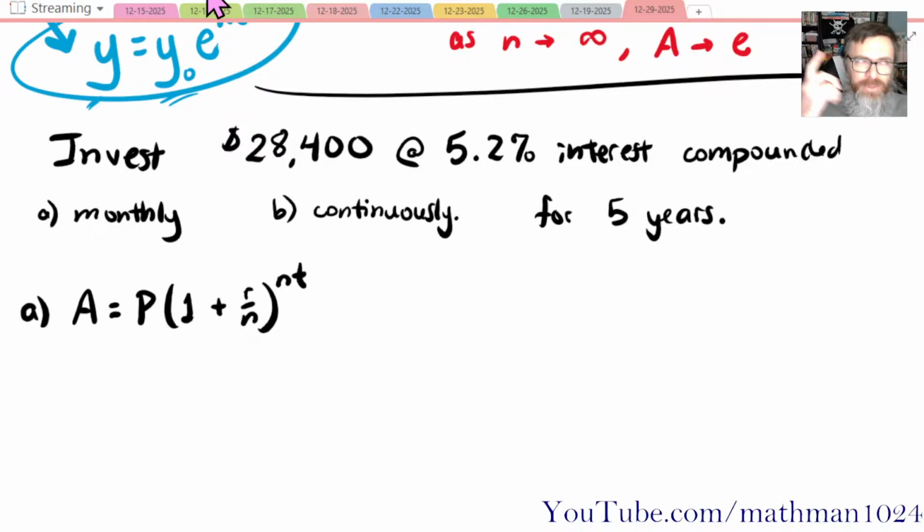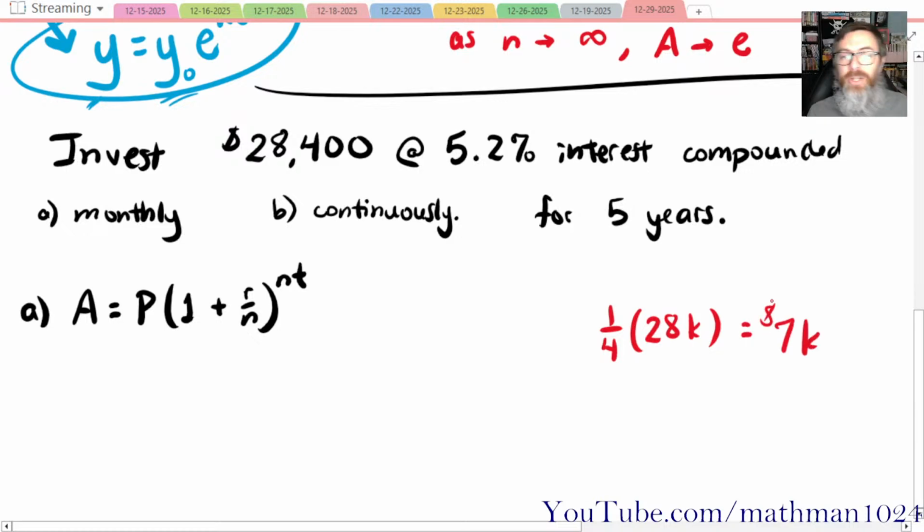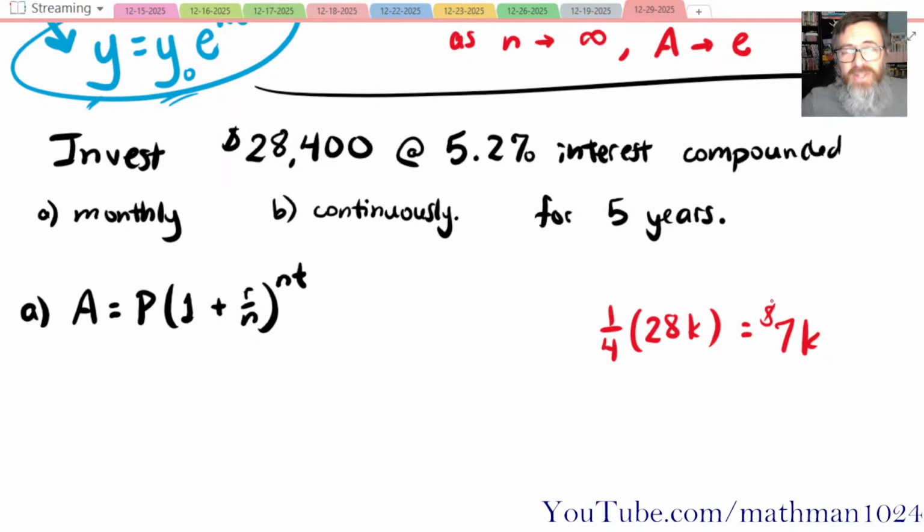So if I'm doing some quick math, I expect to increase by a quarter of, let's just say $28,000 instead of $28,400. A fourth of $28,000 is $7,000. So I'm expecting a growth of $7,000, which means at the end, $28,000 plus $7,000, I should have a final amount somewhere around $35,000.